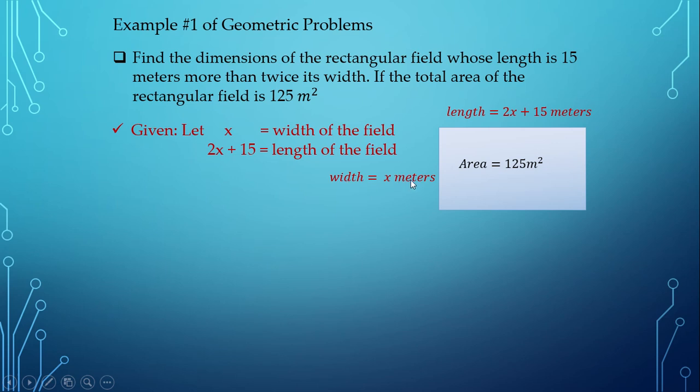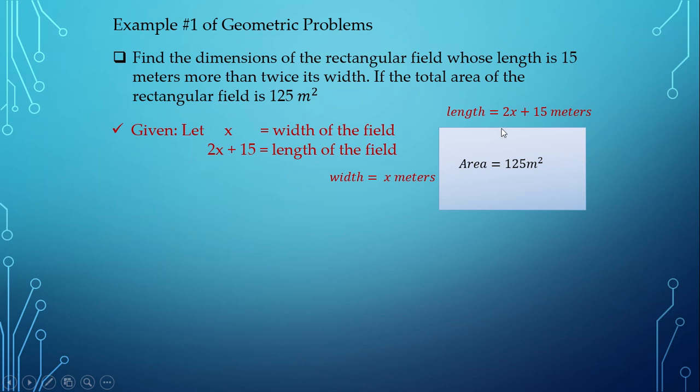Width is represented by x meters, while the length, the horizontal side at the top, represents the length, which, based on the word problem, is defined as, whose length is 15 meters more. So, 15 more than is plus, no? Twice its width. So, our width is only represented by x meters.